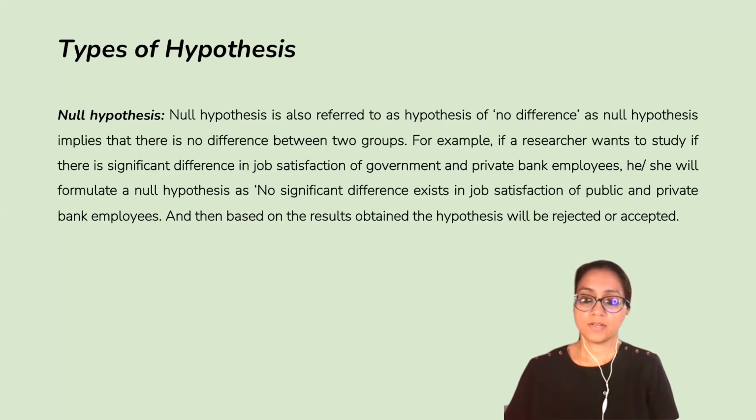For example, if a researcher wants to study if there is significant difference in job satisfaction of government and private bank employees, she will formulate a null hypothesis. And what will be the null hypothesis? That there is no significant difference in job satisfaction of public and private bank employees. Then based on the results obtained, the hypothesis will be rejected or accepted. So this is the null hypothesis.